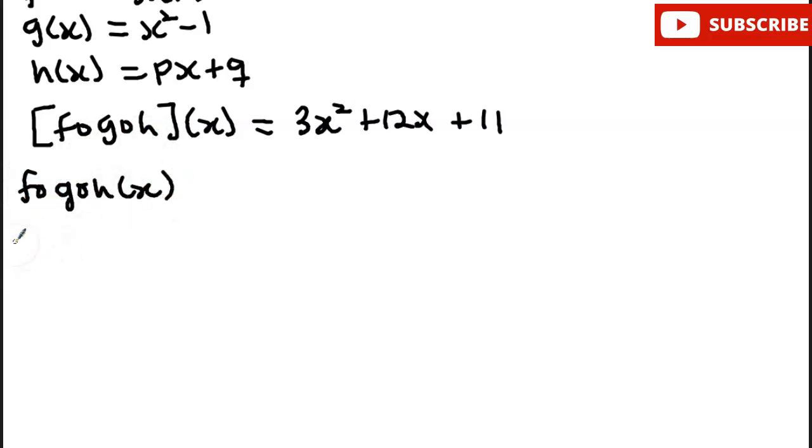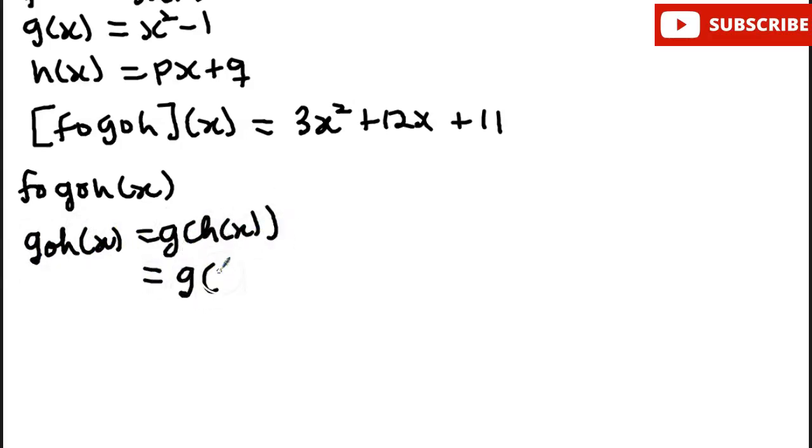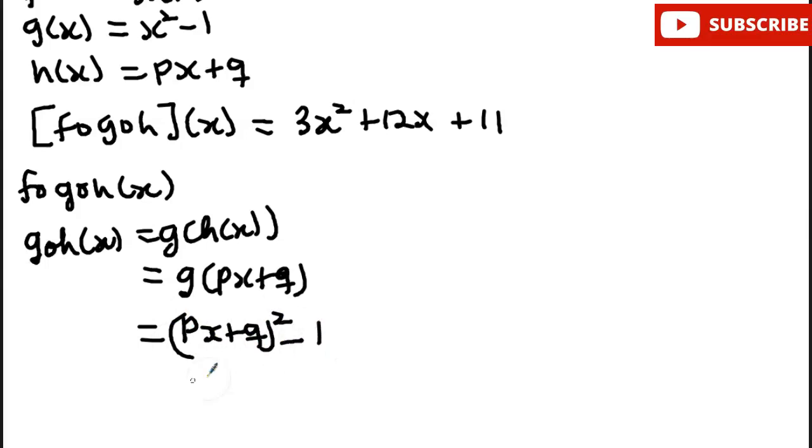This one is f o g of h. So we first look at g. We find g o h, which is g of h of x first. And which is g of px plus q. So we have px plus q all squared minus 1.